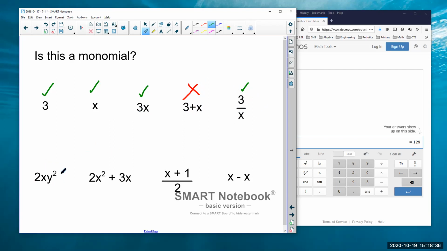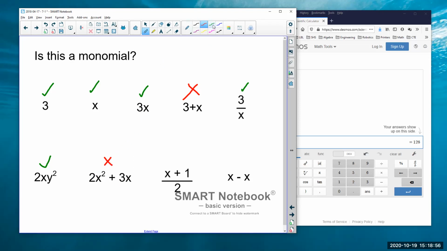So this would be a monomial. This would also be considered a monomial. Okay, it's just a bunch of stuff multiplied together. That's a monomial. This one right here, we have 2 terms. We have that addition or subtraction in between there. So that is actually 2 terms. So that is not a monomial. That would be a binomial.